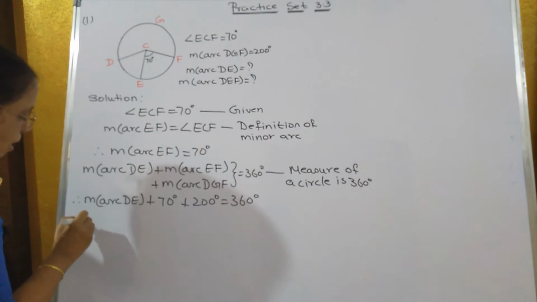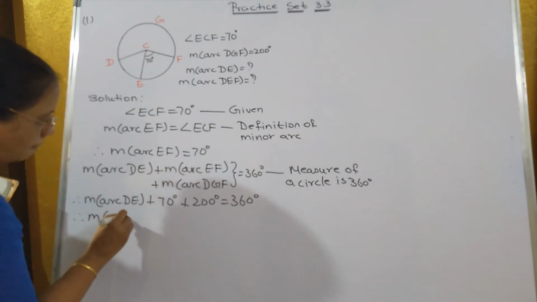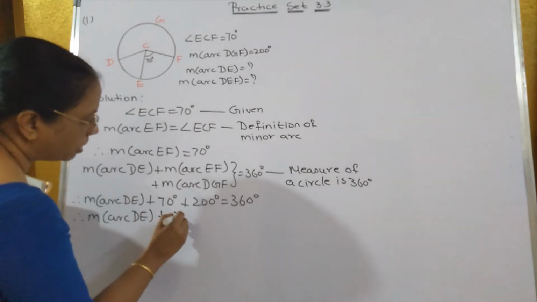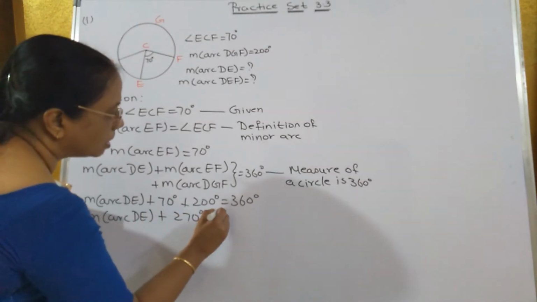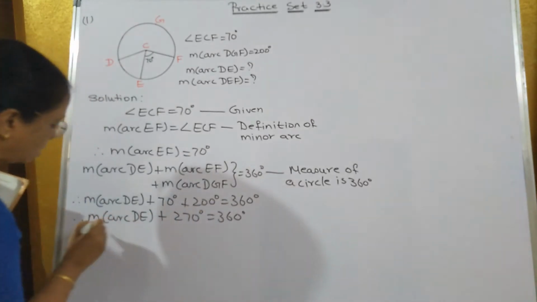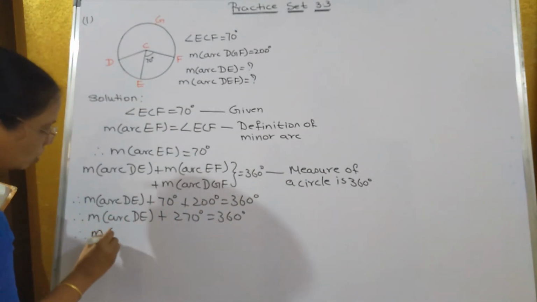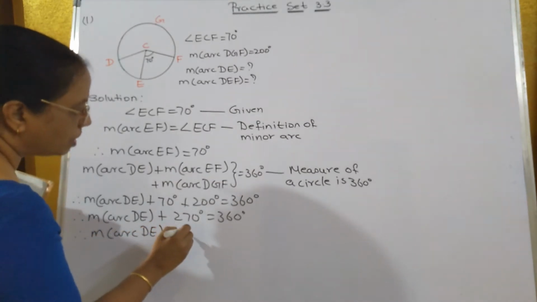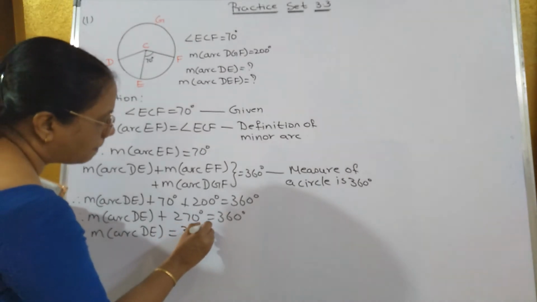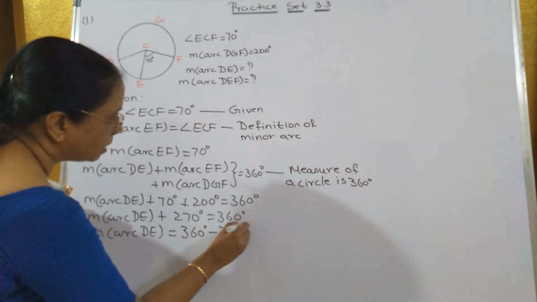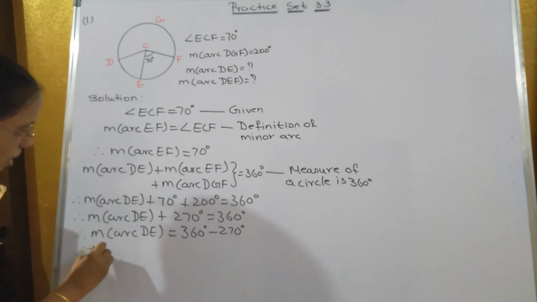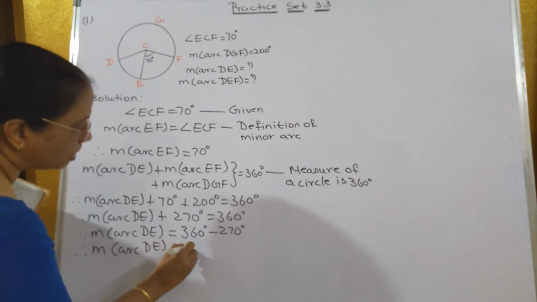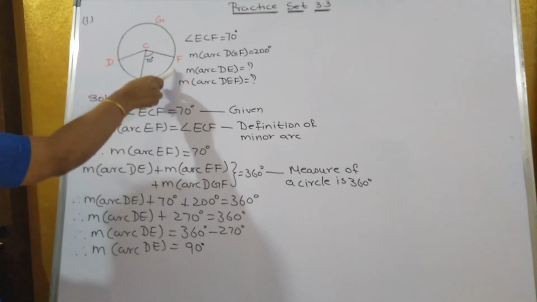Now measure arc DE plus 70 plus 200 is 270 degrees, equal to 360 degrees. Therefore measure arc DE will be equal to 360 degrees minus 270 degrees. Therefore measure arc DE is equal to 90 degrees. So we have got measure arc DE.